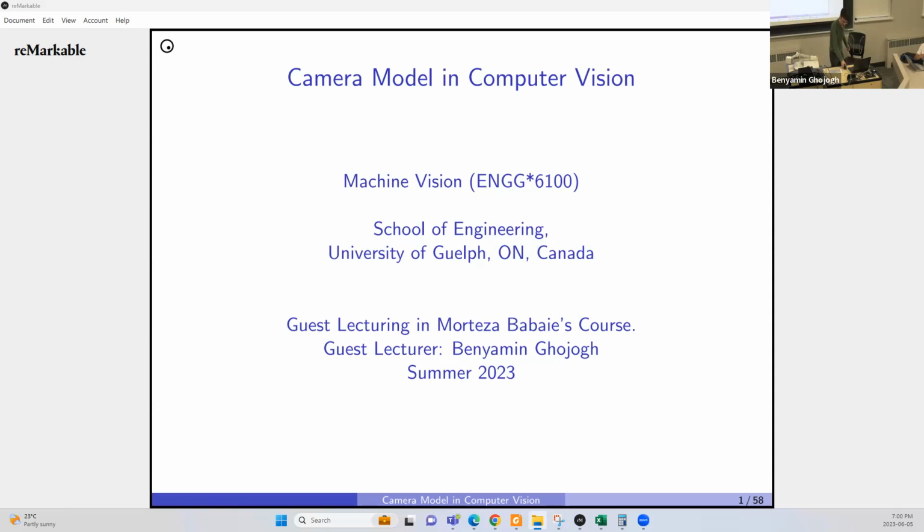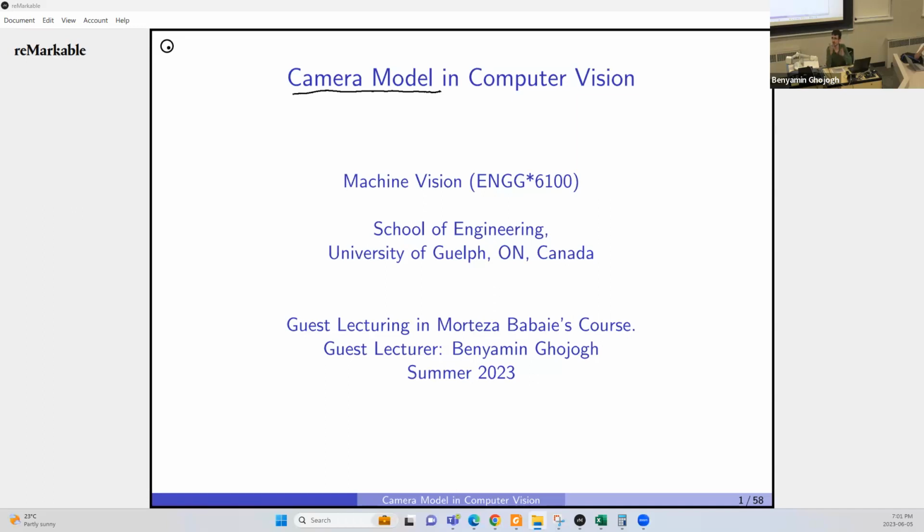Okay, so let's go over this. Camera model. In this session, we are seeing various aspects of camera models. This is fundamentals of computer vision, so you should know about this when you want to learn about computer vision or machine vision.